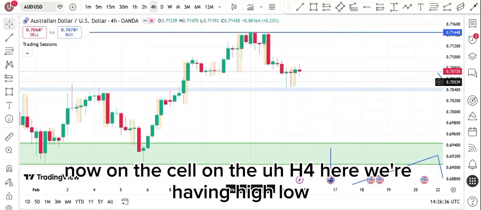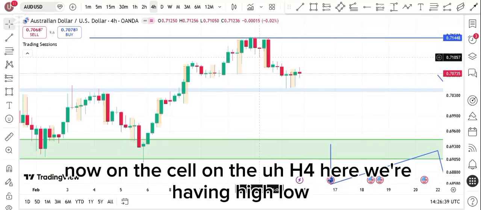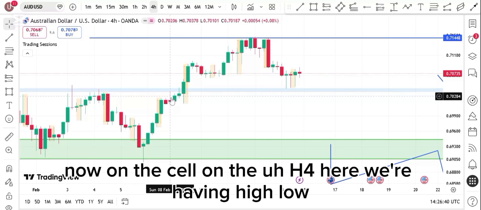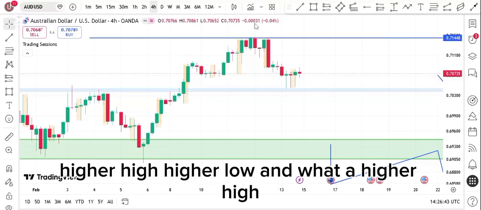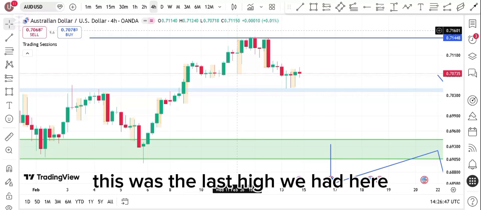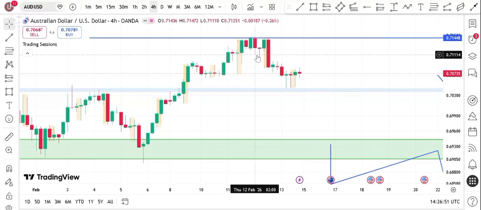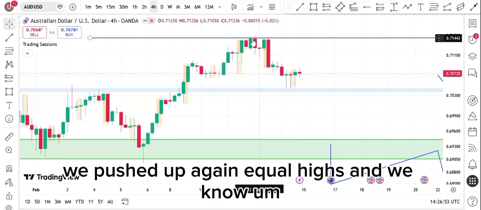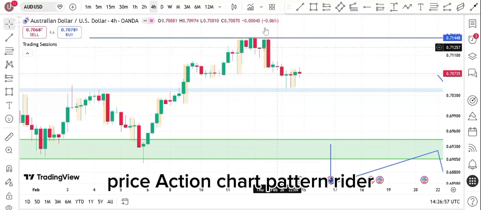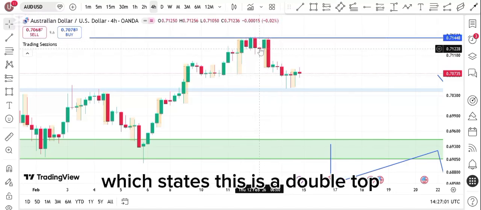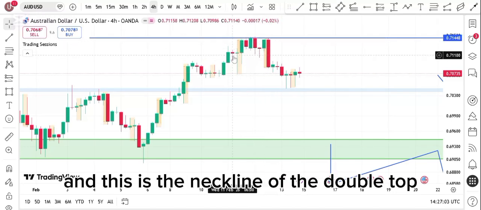Now for the sell, let me give maybe a sell scenario on this level. On the H4 here, we're having a high, a low, a higher low, and a higher high. This was the last high we had here. We saw this pullback, we pushed up again, equal highs, and we know the price action chart pattern which states this is a double top and this is the neckline of the double top.